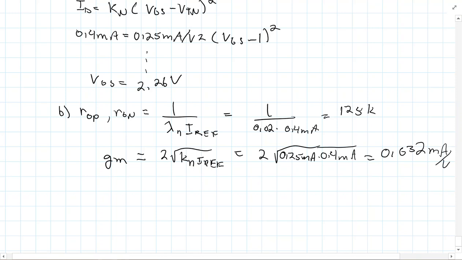milliamps per volt. And then for the gain here, we would have that this is equal to negative 0.632 milliamp per volt times 125K in parallel with 125K.